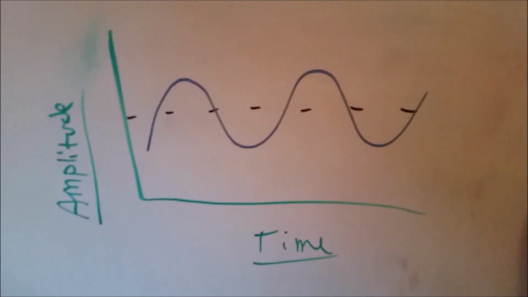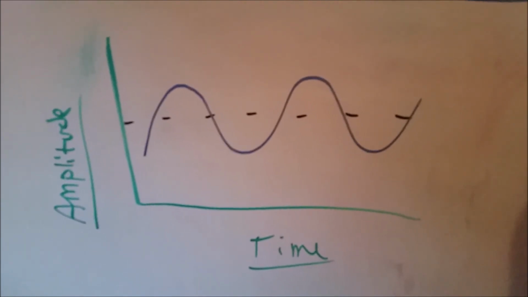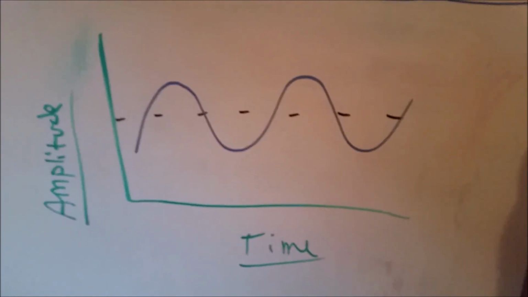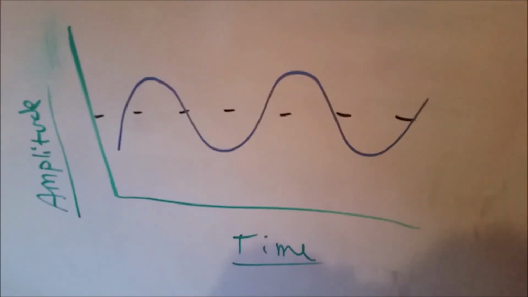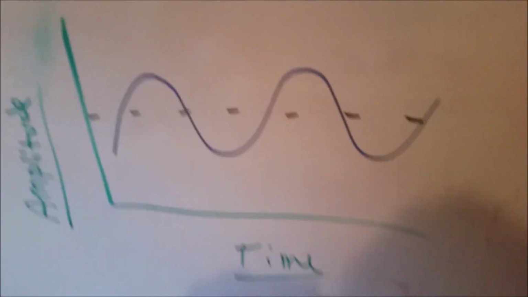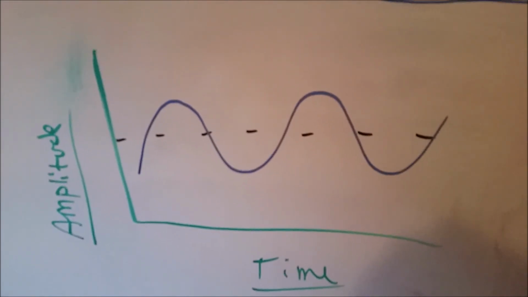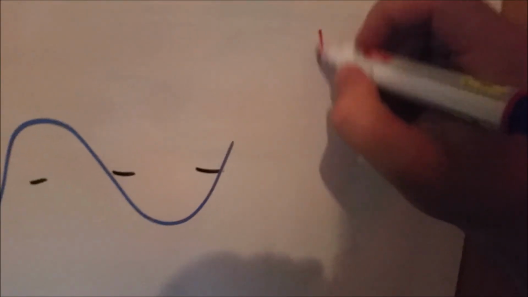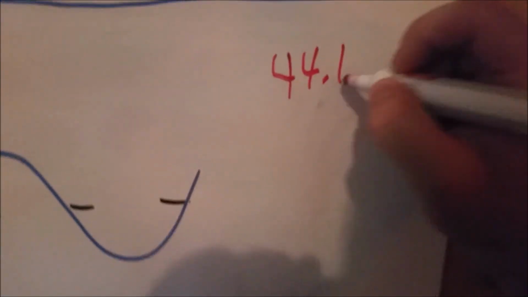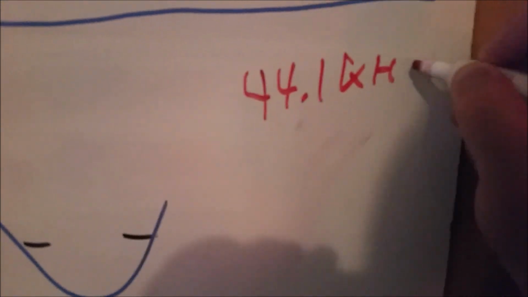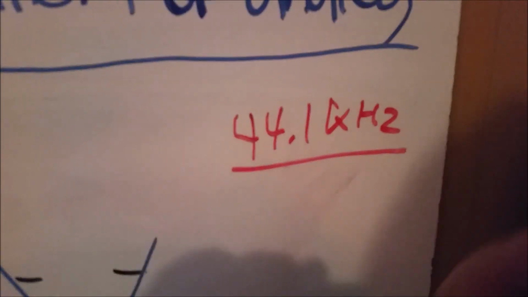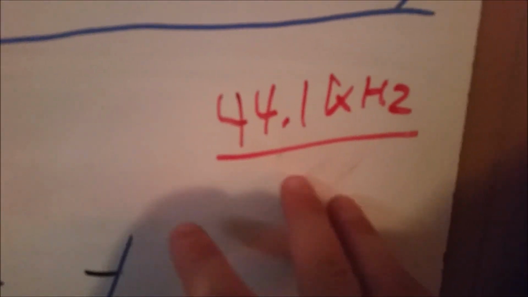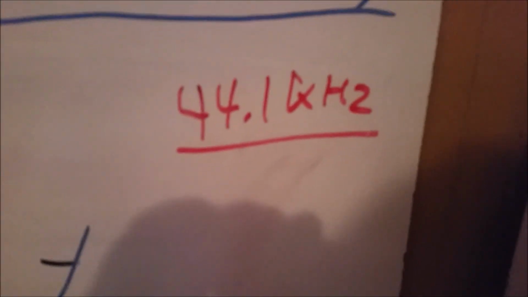One of the key differences between analog and digital is that analog is continuous, where digital is not. Now, the way digital represents an analog signal is through samples. Most consumer music runs at 44.1 thousand hertz. What this means is that the analog signal is being sampled 44.1 thousand times per second.